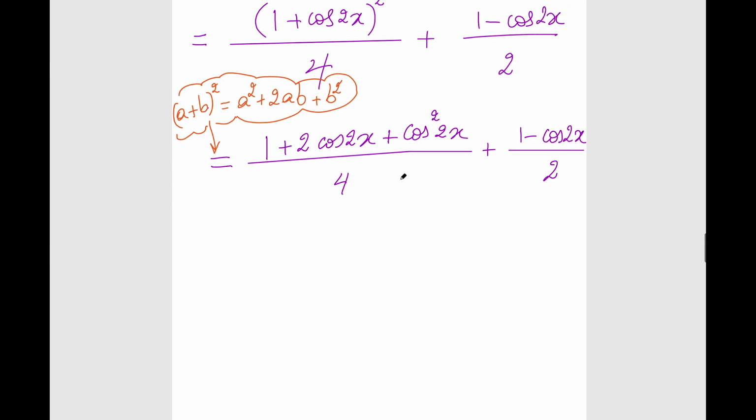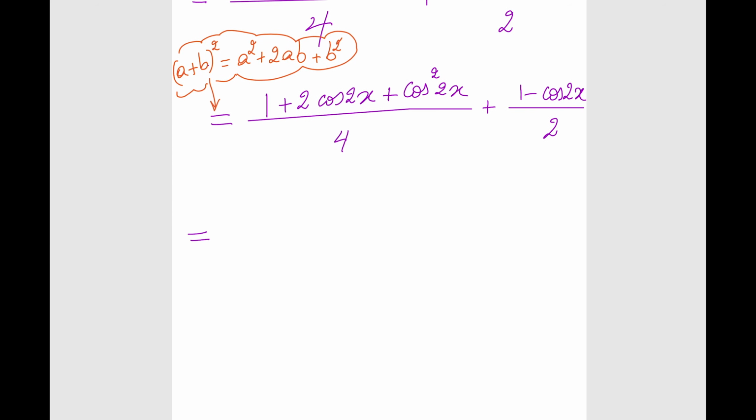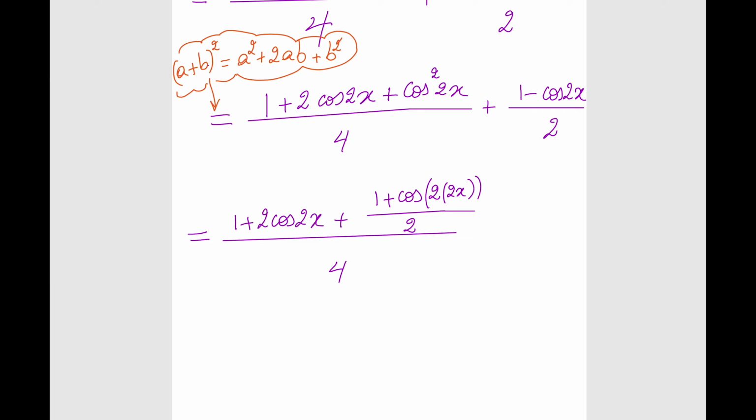So back down here. Let's keep this denominator 4. 1 plus 2 cosine of 2x plus, we just talked about cosine squared of 2x. By the power reducing formula, this is 1 plus cosine of twice my asterisk, which is 2x. Agree with that?